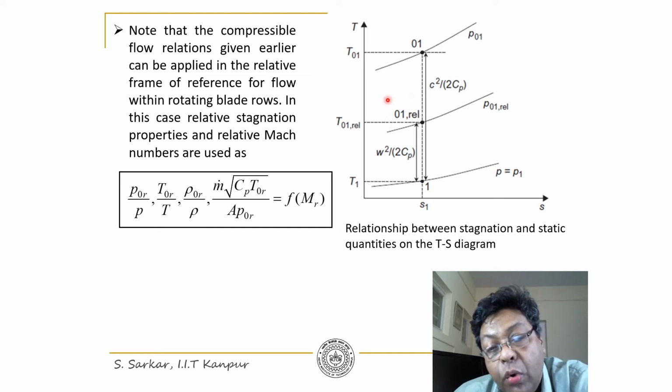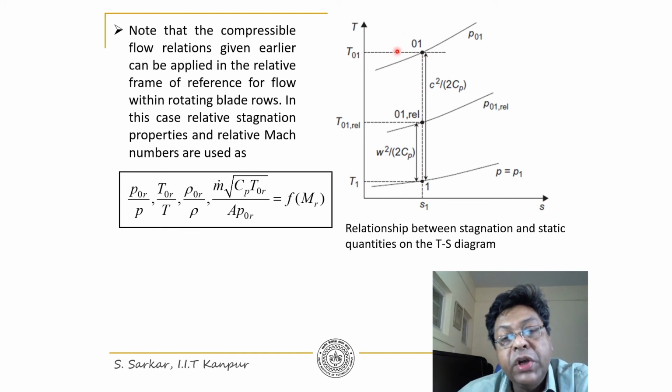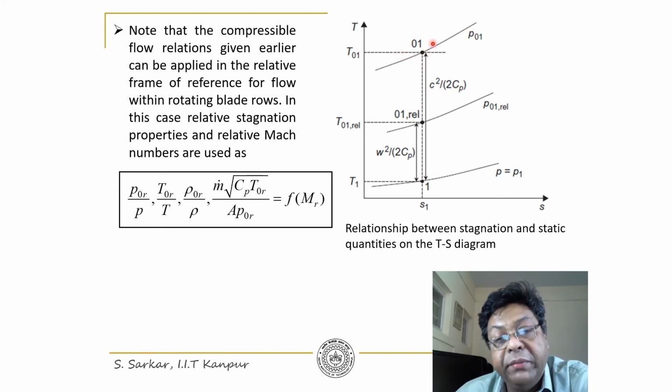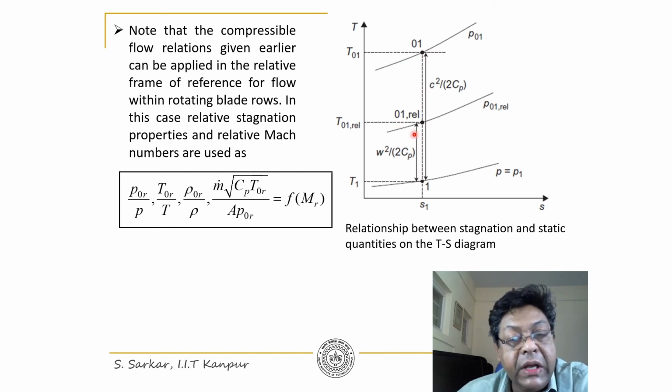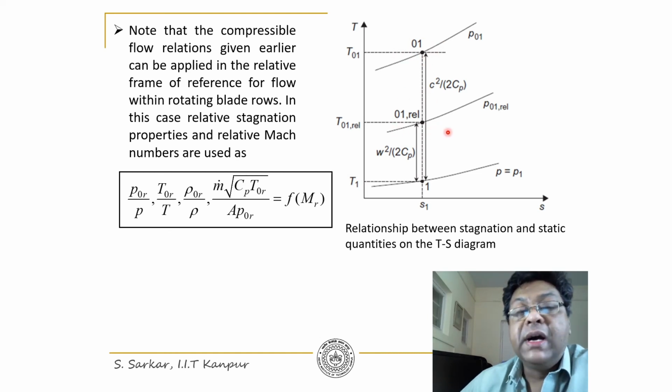So this is 0,1R, and this is 0,1 for the stationary frame of reference. For the stationary frame of reference, the total condition is denoted by 0,1, and for the relative frame of reference it is denoted by 0,1 REL.